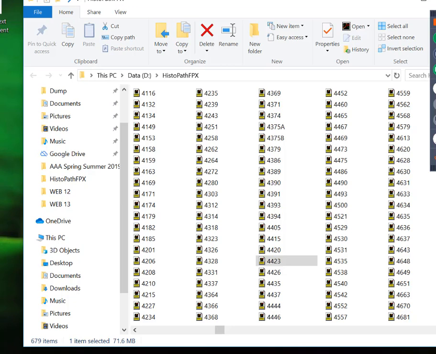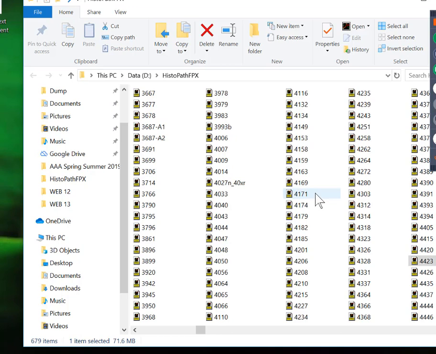So the last thing we're going to be looking at is the brain, okay? And we have about 4 cases I want to show you on brain. And the first one will be 4065, which I think is going to look like it's right here.